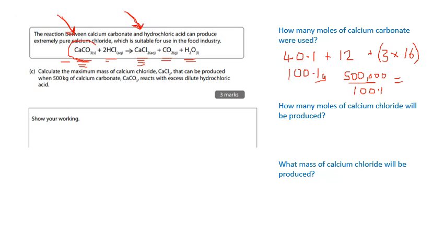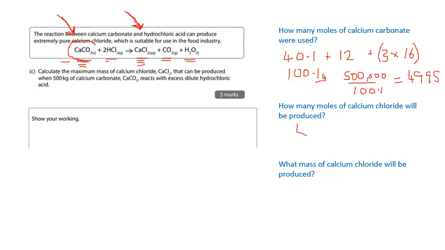On your calculator, 4995. To 3 sig figs, it's 5,000 moles, but let's leave it at that for the moment. 4995 moles.